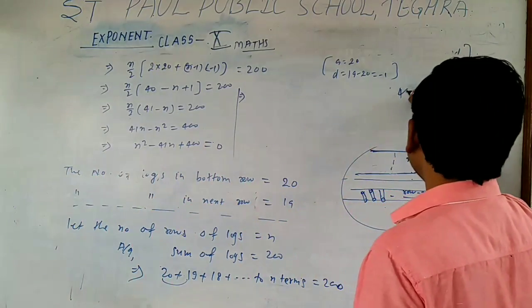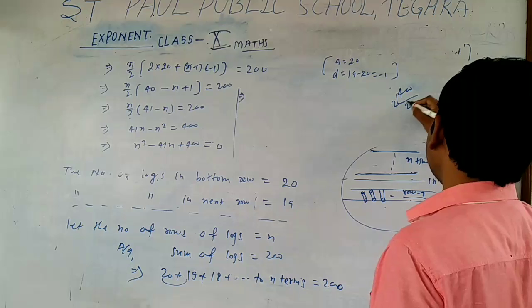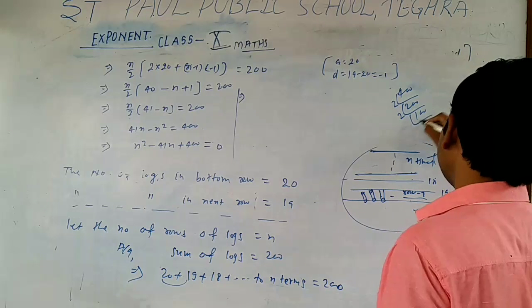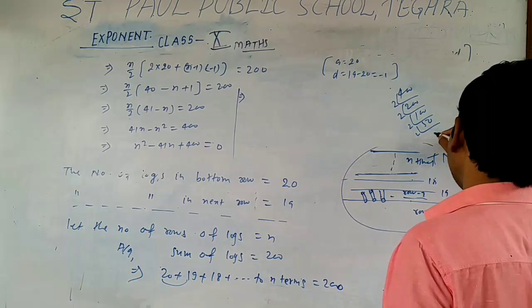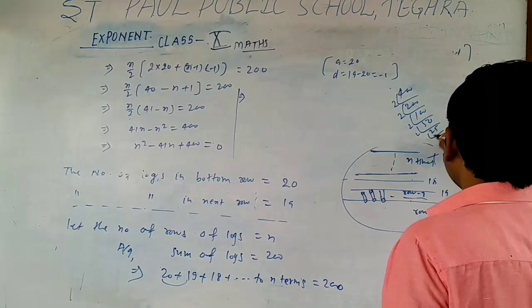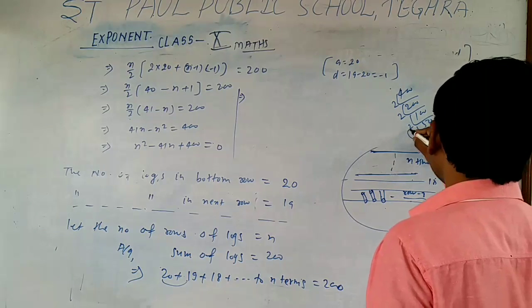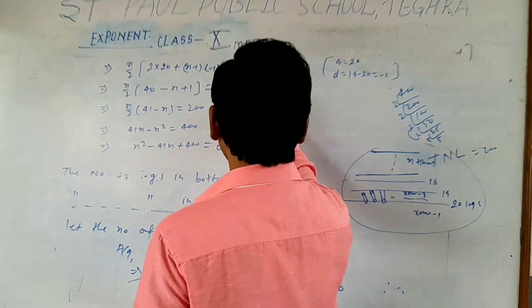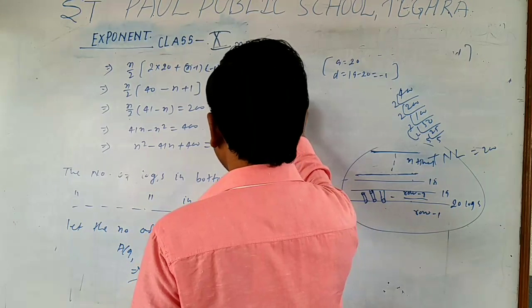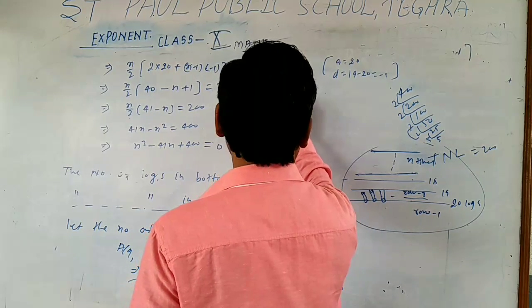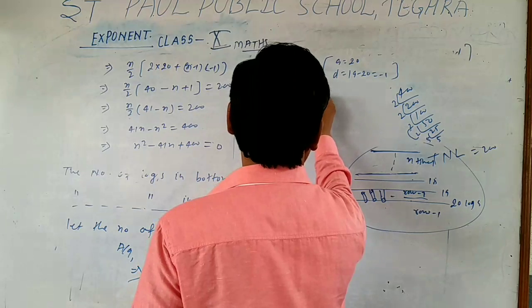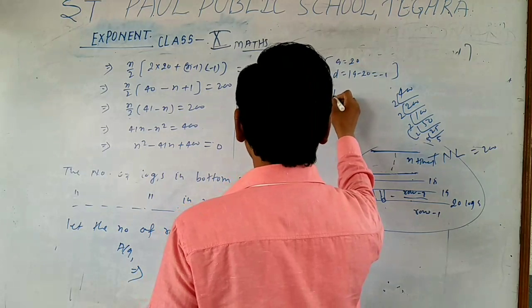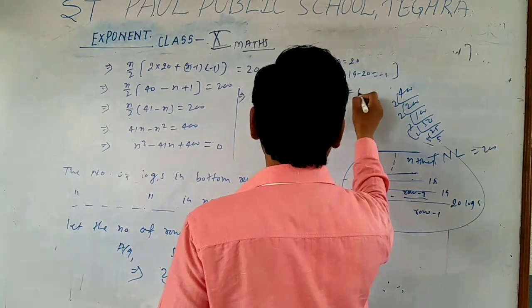Factorizing 400: divided by 2 is 200, then 100, 50, 25, 5. That is n square minus 16n minus 25n plus 400 equal to 0.